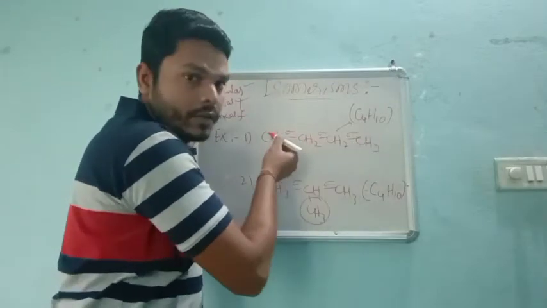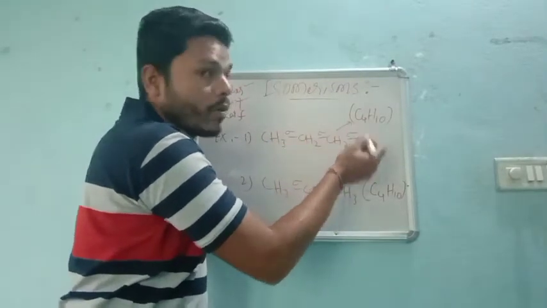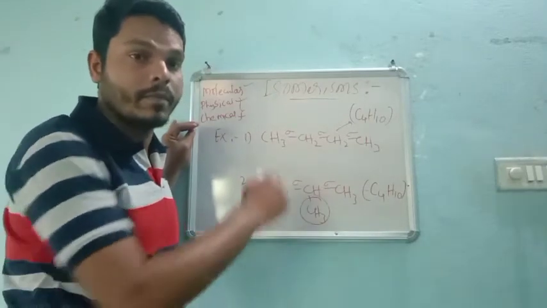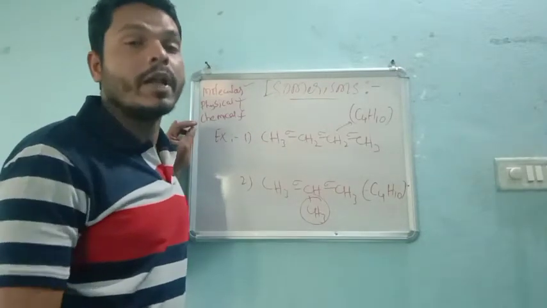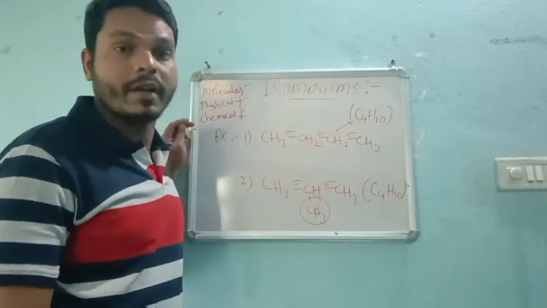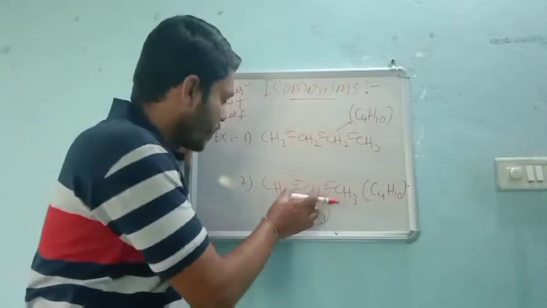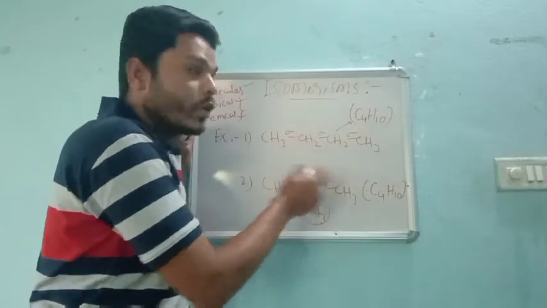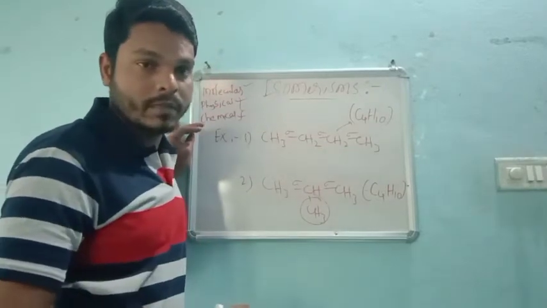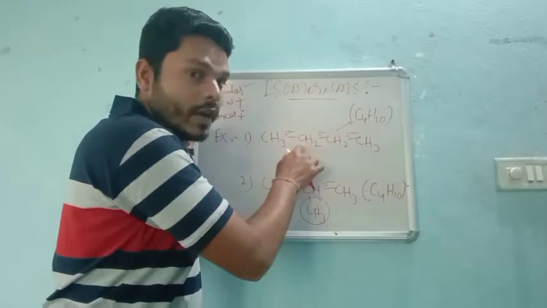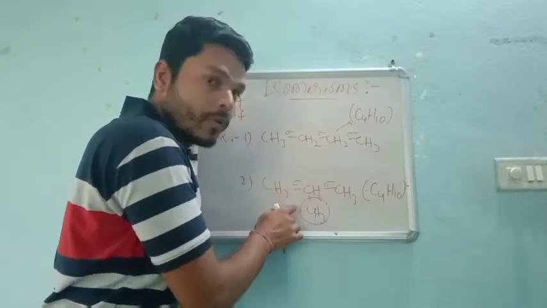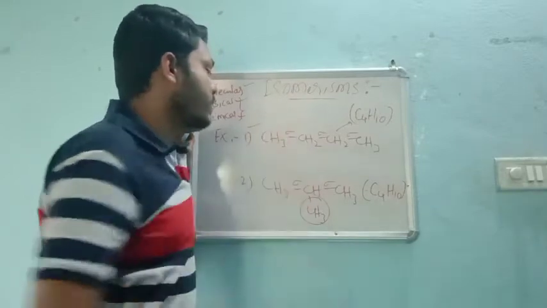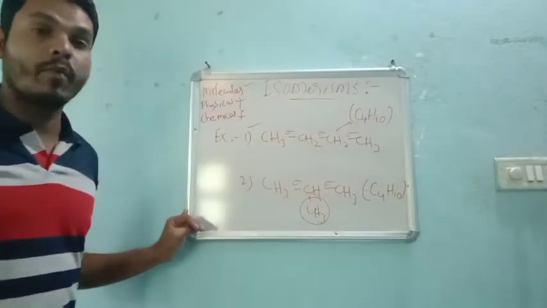In a straight chain, there are three sigma bonds, and what I said is, if the number of sigma bonds is more, then definitely the bond breakage will be tougher. In the second case, compare this: there are only two sigma bonds. To break the first compound we definitely require more energy.